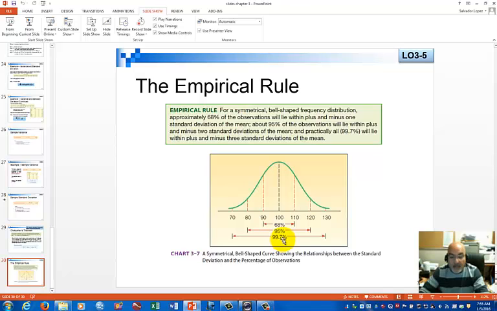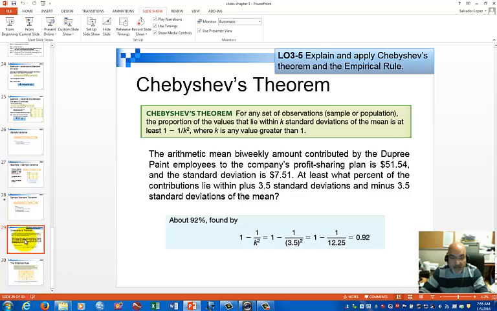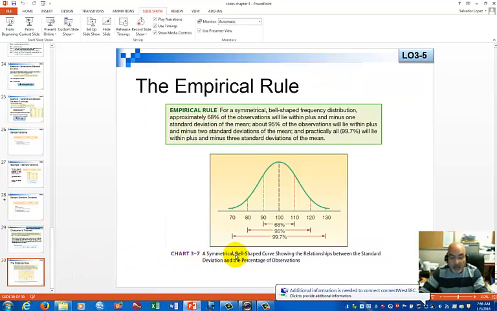Notice how the percent of the data is increased if we assume a normal distribution. Under the Chebychev theorem, within 3.5 standard deviations, we found at least 92% of the data. So the threshold is much lower, because in the empirical rule, only within 3 standard deviations, we are expected to find 99.7% of the data.